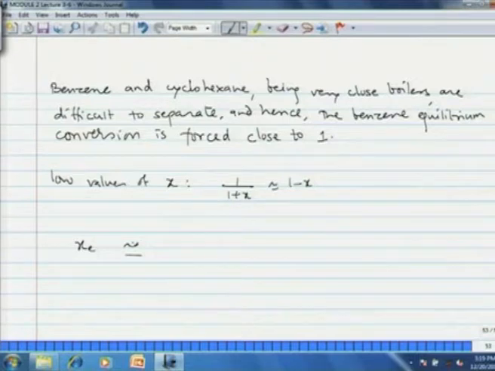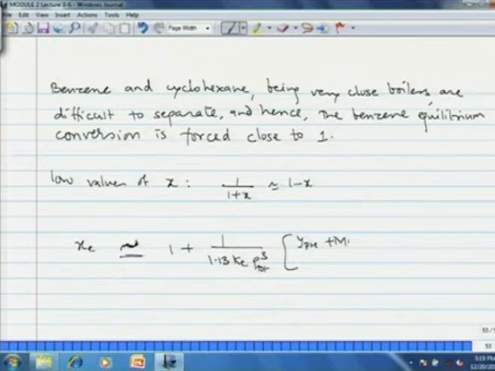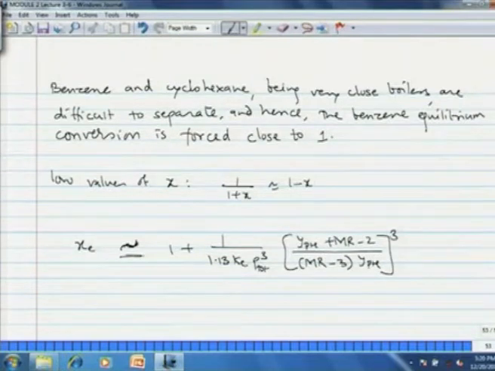Remember, I am not writing equal, but an approximate sign. Xe is approximately equal to 1 plus 1 divided by 1.13 into Ke into P tot cube into YPH plus Mr minus 2 divided by Mr minus 3 into YPH cube, and this whole thing raised to minus 1.